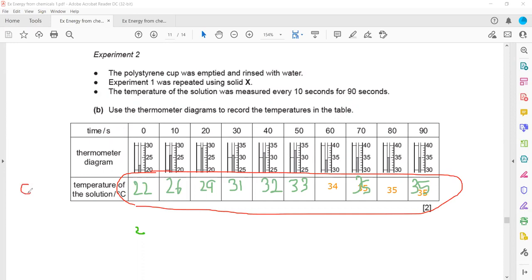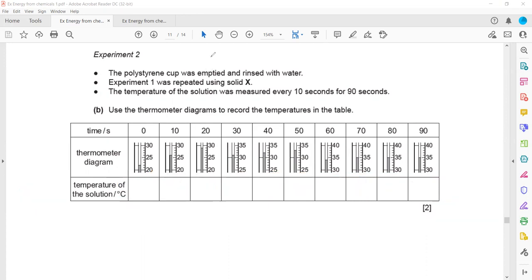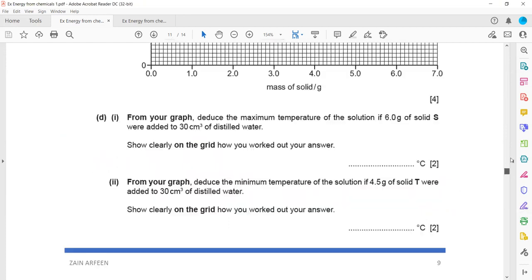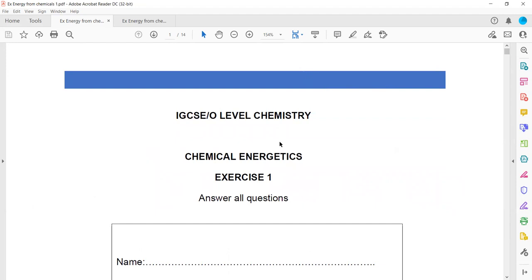So when temperature increases, we call that reaction exothermic. So remember these points. It is very important because the next session we will do multiple choice questions. So you have to identify whether a reaction is endo or exo in terms of temperature change as well. So this was an exercise related to chemical energetics.